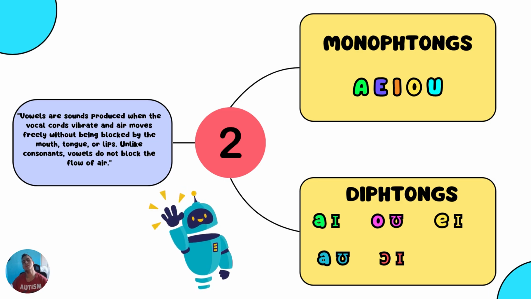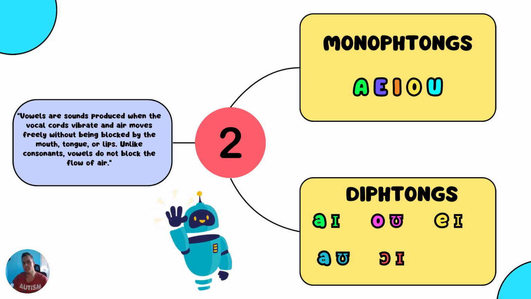So, first of all, we need to understand what vowels are. Vowels are the sounds produced by the vocal cords that move freely without being blocked by the mouth, lips, or tongue.